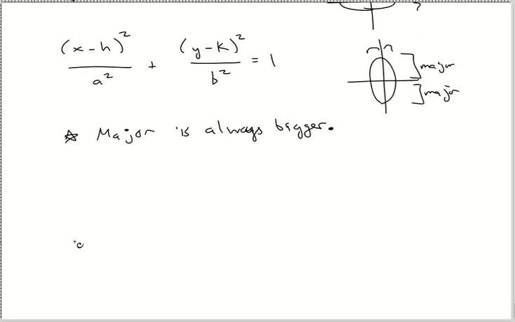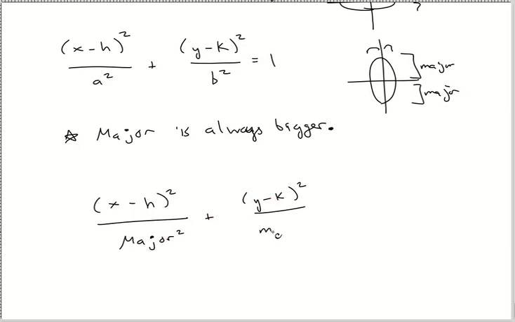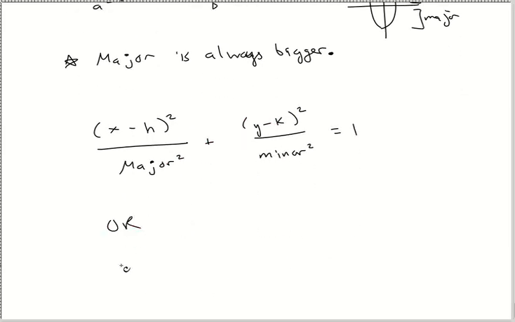And so let me give you my own formulas that are not conventional, but I'm going to be using them. So I say it's x squared over major squared and y squared over the minor squared, or x squared over the minor squared, and then y squared over the major squared.